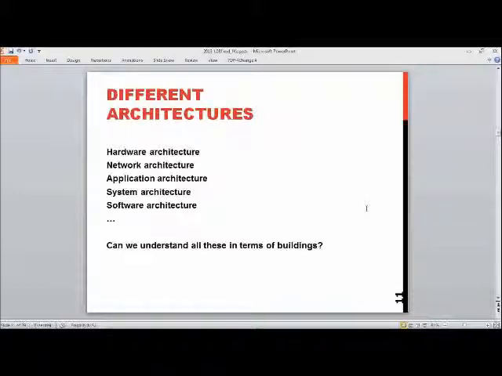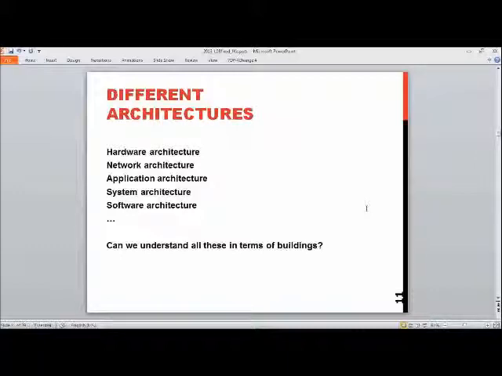Different information about the same final design, and that's basically also what these different architectures are. They are defining what we are building from the viewpoint of hardware, from the viewpoint of networks, from the viewpoint of applications, and from the viewpoint of the system.